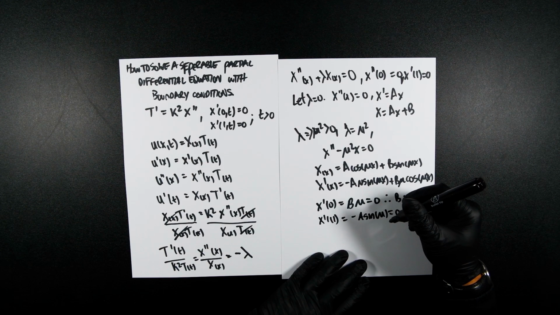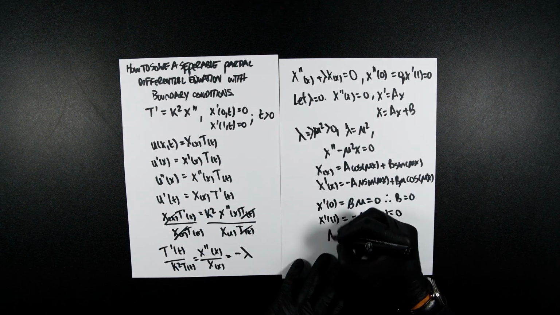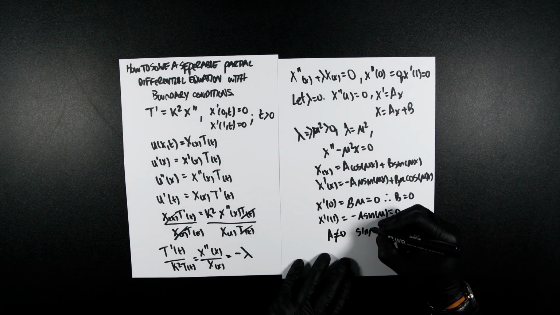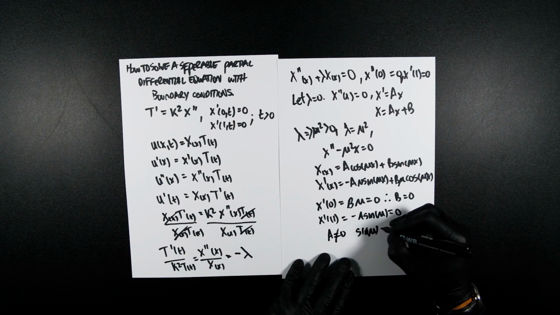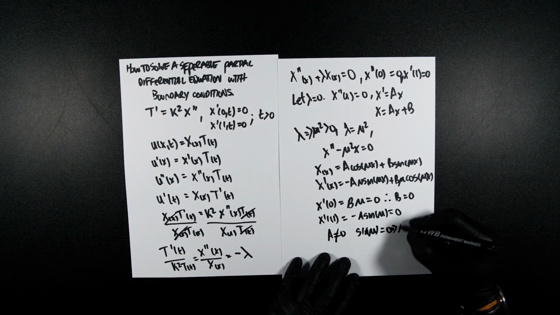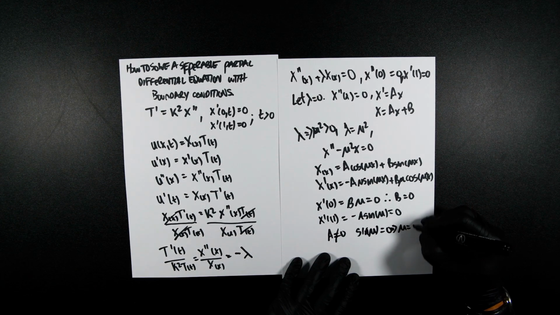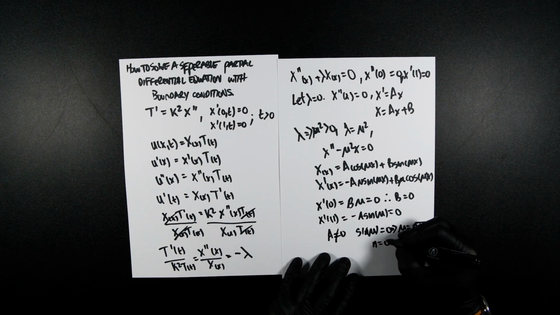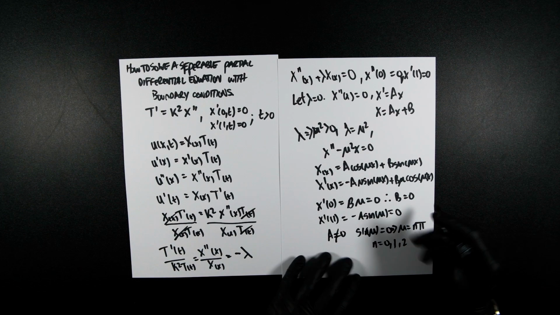So for non-trivial solutions, a cannot equal 0. So we require sine mu to equal 0. And so mu would equal n pi, where n can be 0, 1, 2, and so on.